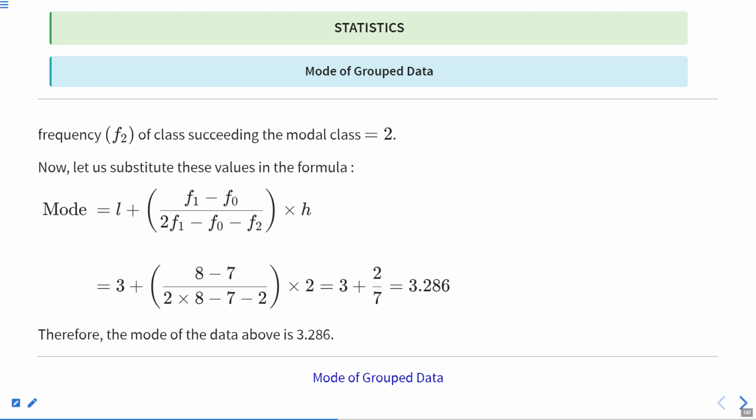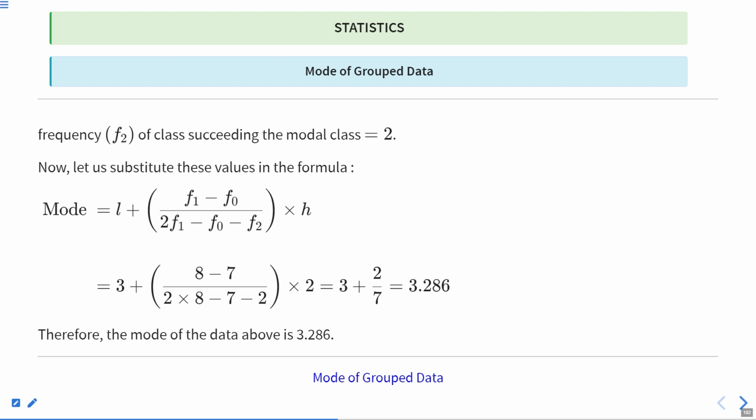Now let us substitute these values in the formula. We know the formula: mode is equal to l plus (f1 minus f0) divided by (2f1 minus f0 minus f2) times h. So this is equal to 3 plus (8 minus 7) divided by (2 into 8 minus 7 minus 2) into 2.